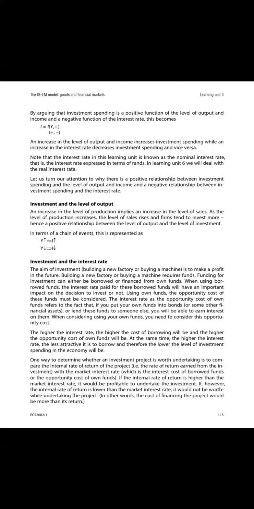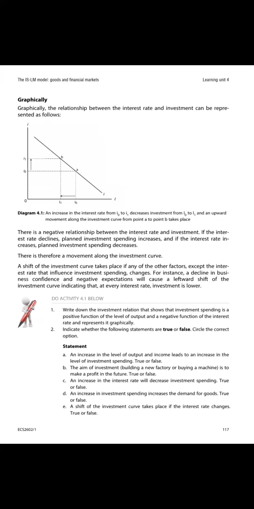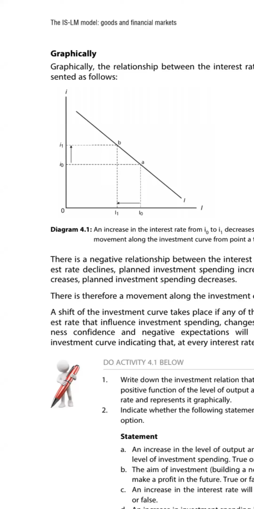So when we are doing the graph, let's start with the relationship between investment spending and your interest rates. There is a negative relationship, which we can see in the way that graph is structured: it's moving in a negative direction, going down from the left to the right. So that's an inverse relationship.